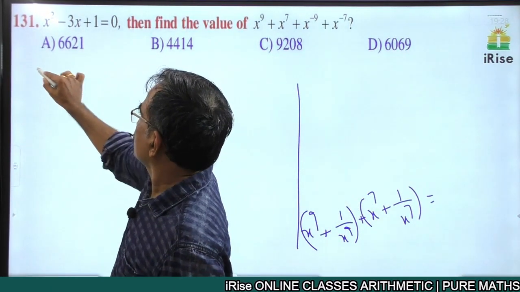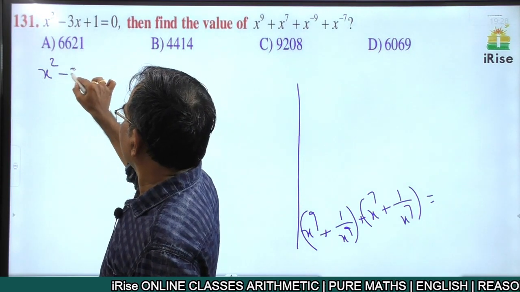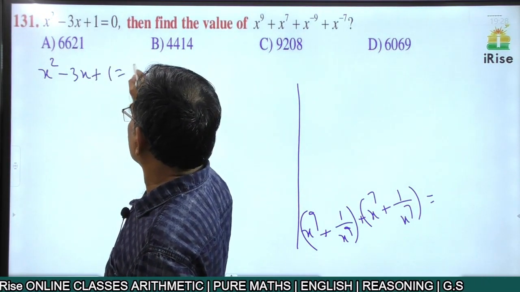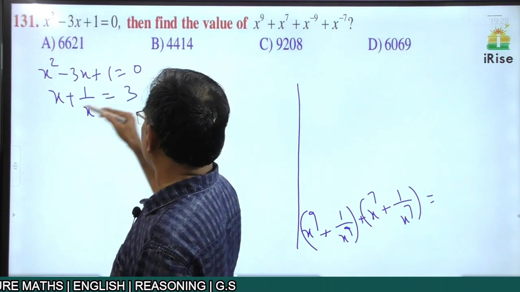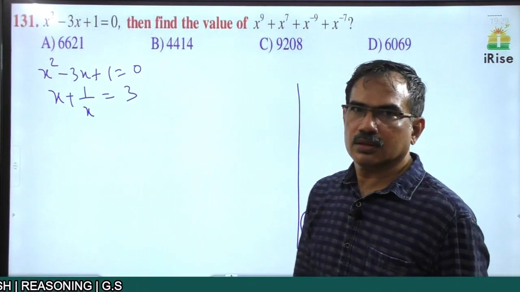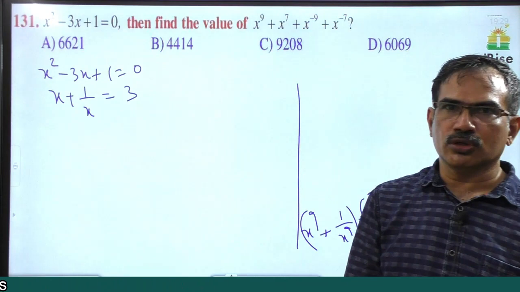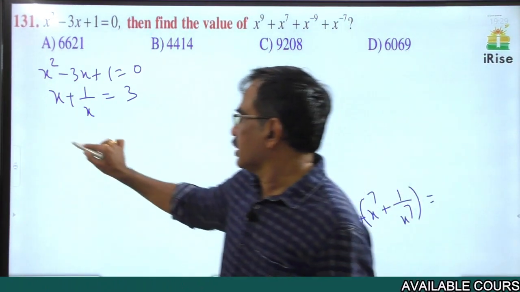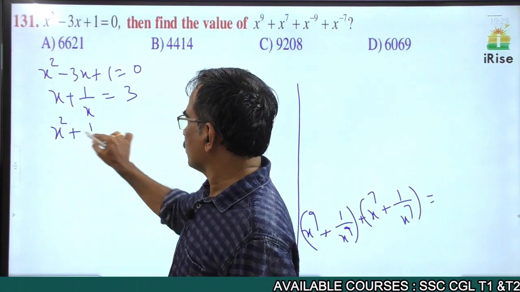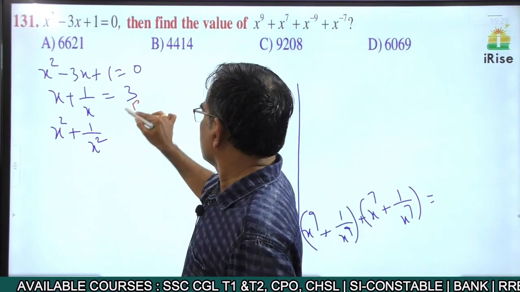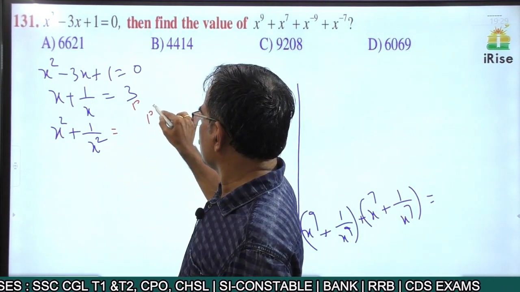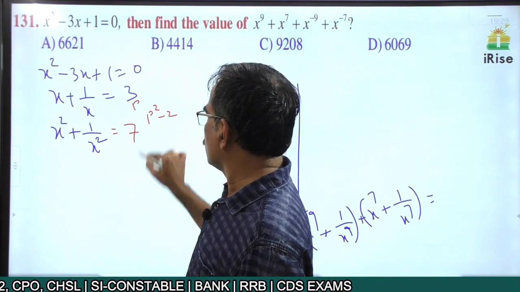So the given condition is x square minus 3x plus 1 is equal to 0. This can be written as x plus 1 by x is equal to 3. Then what is x square plus 1 by x square? Consider this as p. Then this is nothing but p square minus 2, which is equal to 7.